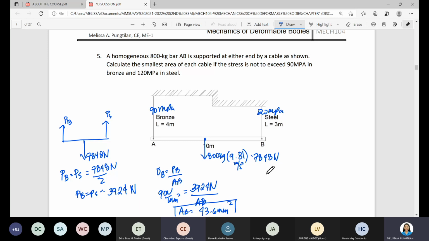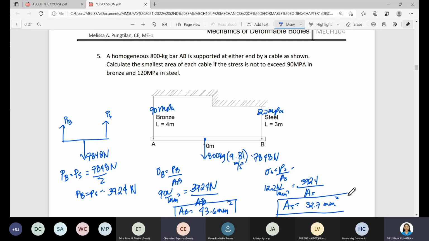And then, for the steel, so we have 120 Newton per square millimeter is equal to PS natin is 3924 all over the area. So, the area is now equal to 32.7 square millimeter.